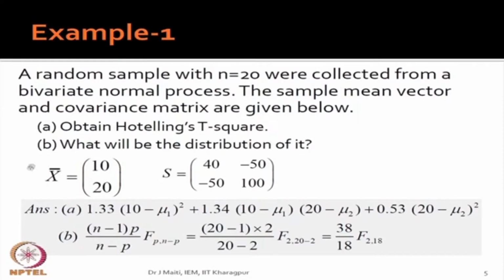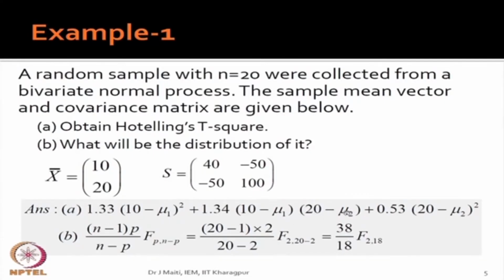X bar is (10, 20), that is the mean vector, and covariance matrix S is [40, minus 50; minus 50, 100]. We want the value of the Hotelling T square statistic. The answer is 1.33 (10 minus mu 1) to the power square, like this.